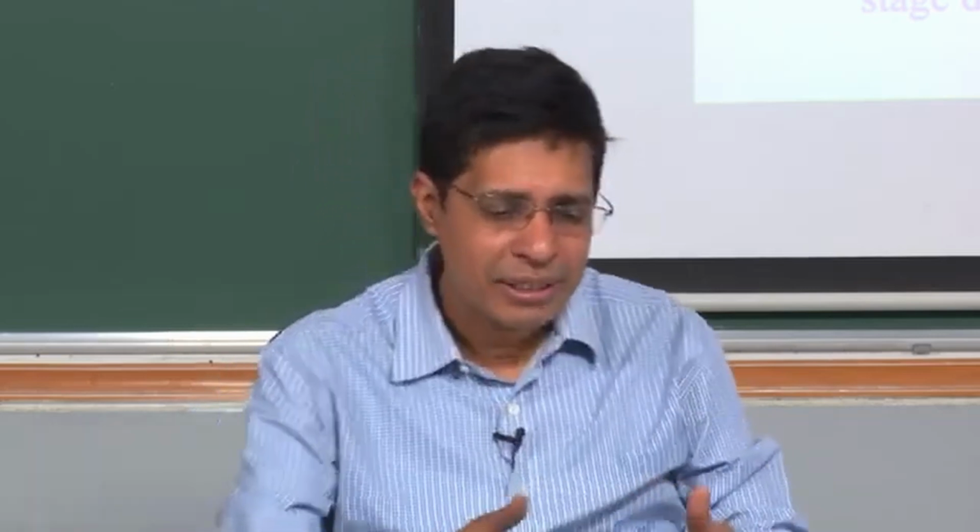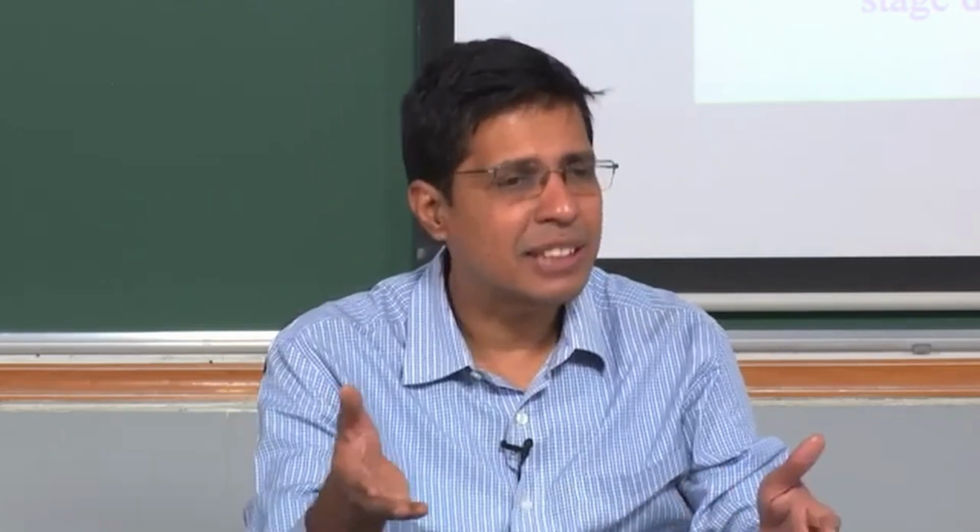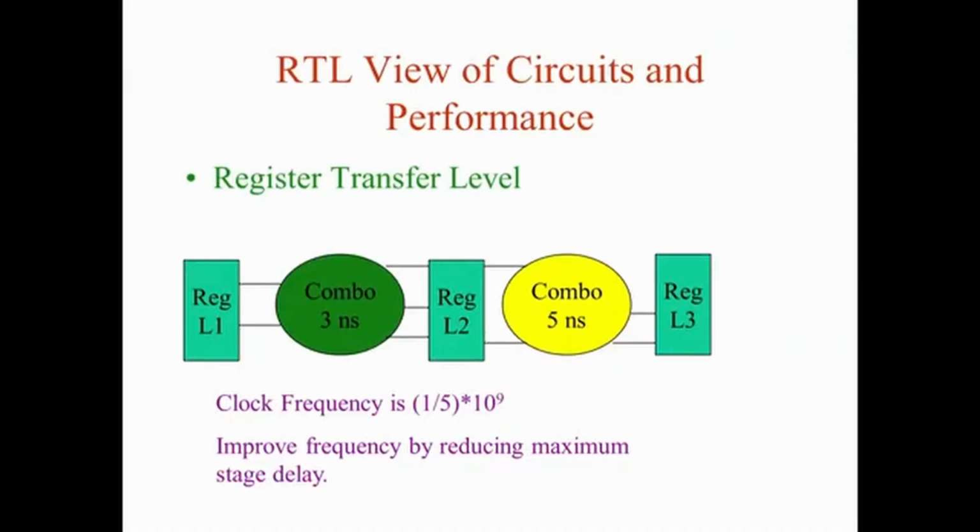The way we describe the circuit is called register transfer level. So RTL description or RTL view means the data flows from one register stage to another during the clock pulse. The most important thing is that I should have a balance in the pipeline. One stage should not be extremely slow, or the entire pipe will get completely screwed up.